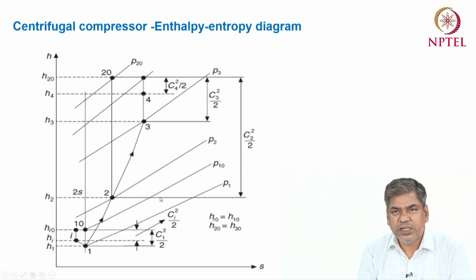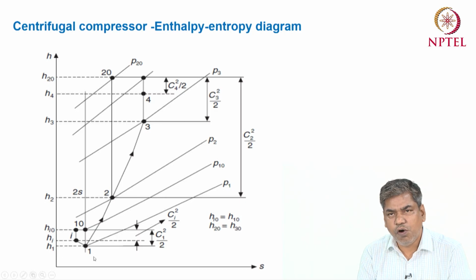So for the total process, we can consider 1 to on is the process at the guide vane of the compressor. Then on to 2 is the process through the rotary vane of the compressor, and then 2 to 3 occurs in the diffuser section of the compressor.